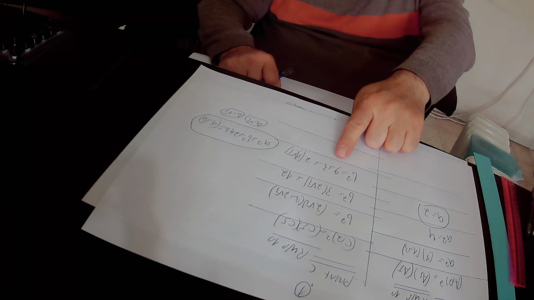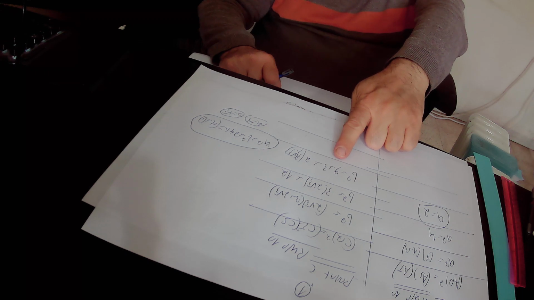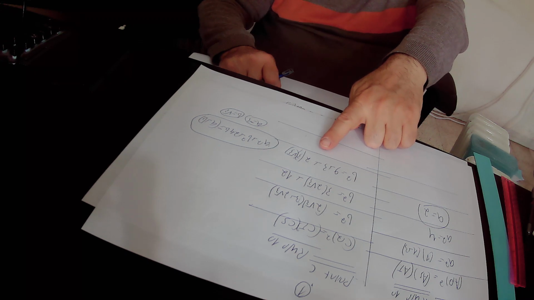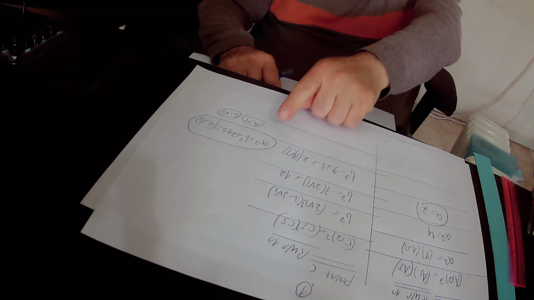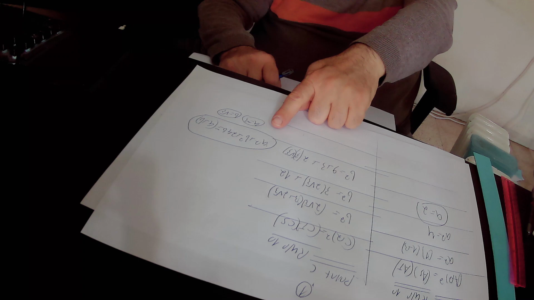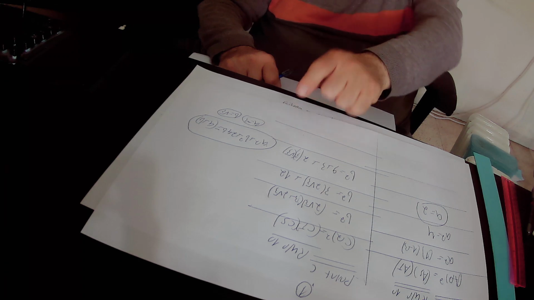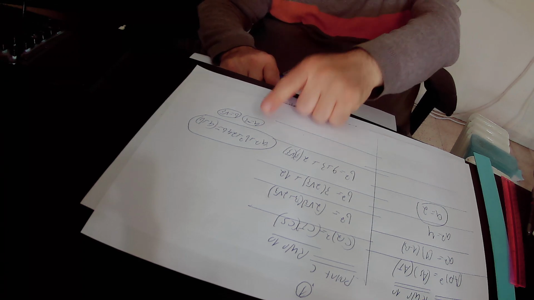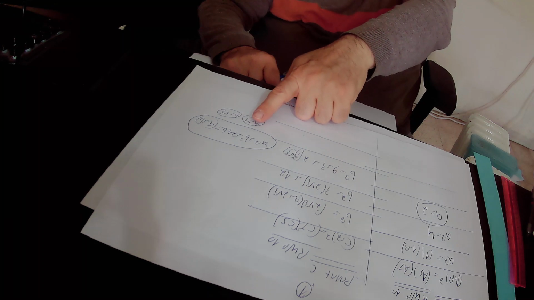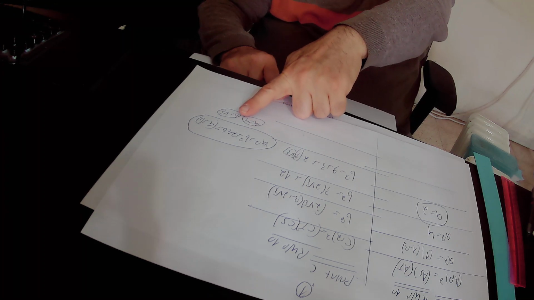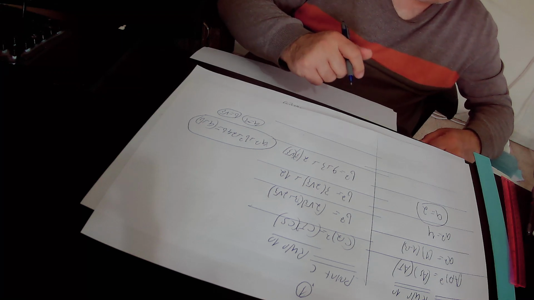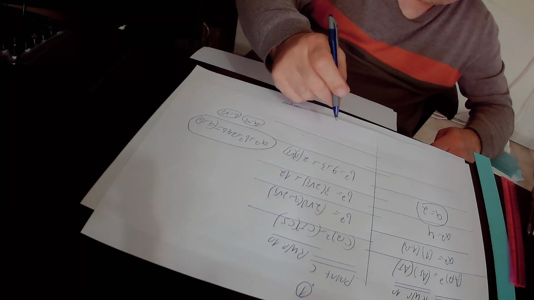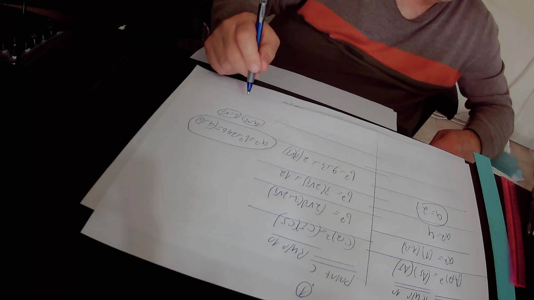So this expression, 9 plus 3 plus 2 times 3 times the square root of 3, is very similar to the expression a squared plus b squared plus 2ab. Because a squared plus b squared plus 2ab equals (a plus b) squared, we get that 9 plus 3 plus 2 times 3 times the square root of 3 will be equal to (a plus b) squared.